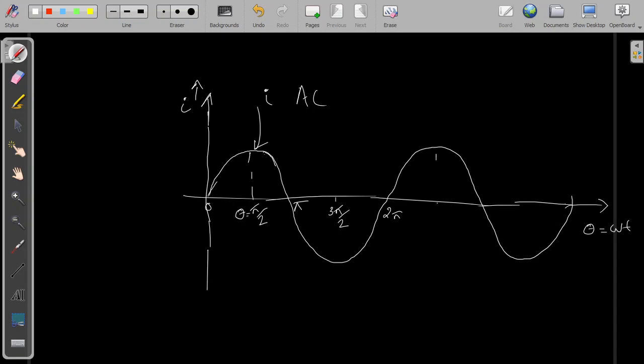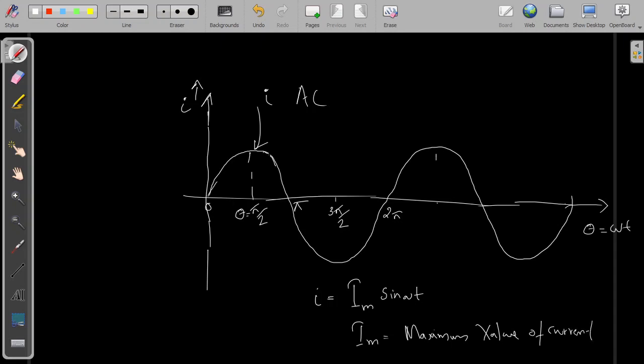We learned in our plus two classes that i is equal to Im sin omega t, where Im is the maximum value of current.